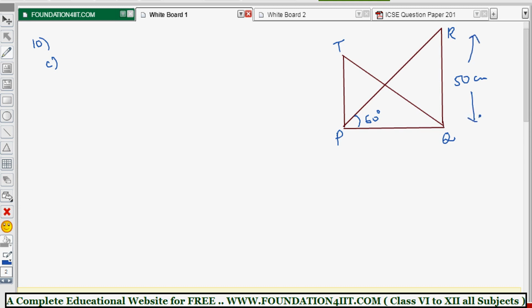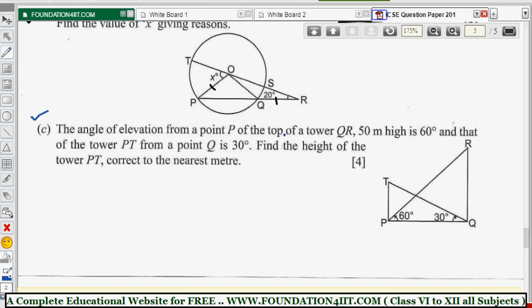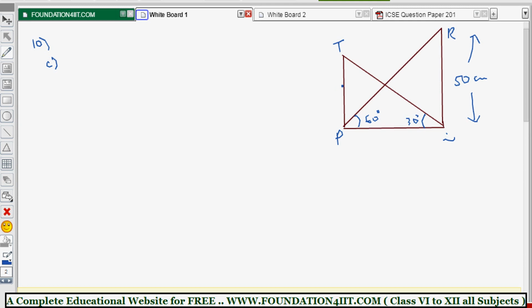Height of this is 50 meters and angle is 30 degrees is given. This is the given data. And find the height of the tower PT. So this height we need to find out. So let us take it as X.